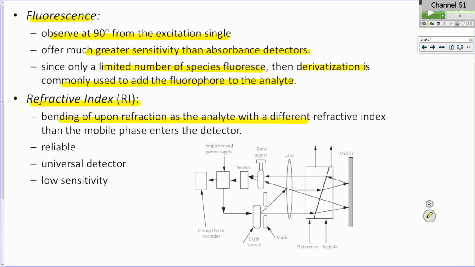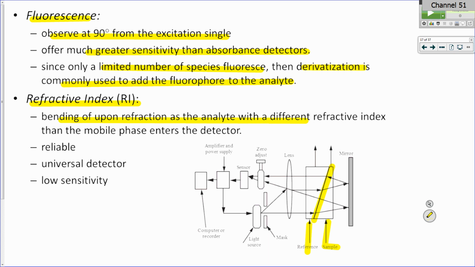So you've got a light source that's producing some light, and that light goes through a cell at different angles, and you've got a reference solvent you have to put in there. It doesn't have to be pumping constantly, but some representation of the mobile phase, and you've got your sample, which is primarily mobile phase.